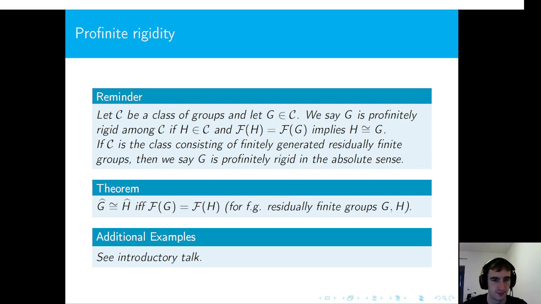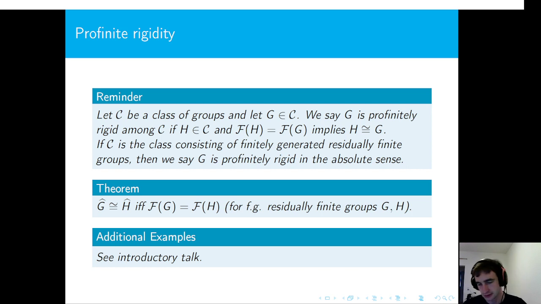There are 3 papers which study this question that I'm mentioning, and there are more examples, and also examples where G hat isomorphic to H hat does not imply that G is isomorphic to H. So feel free to look there if you think this is interesting.